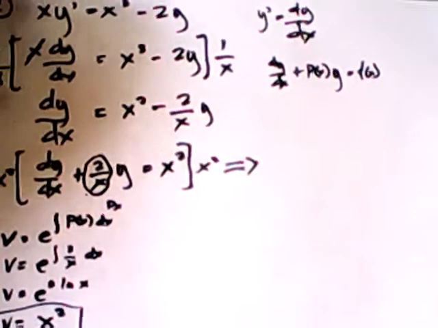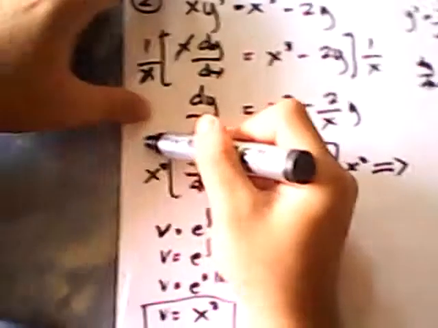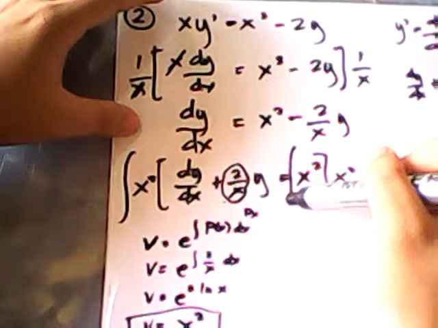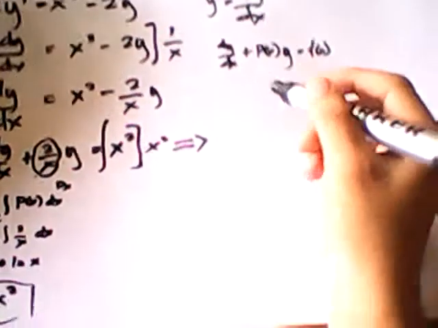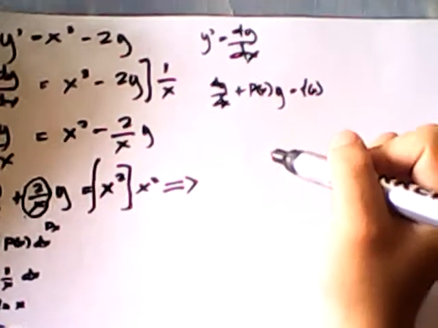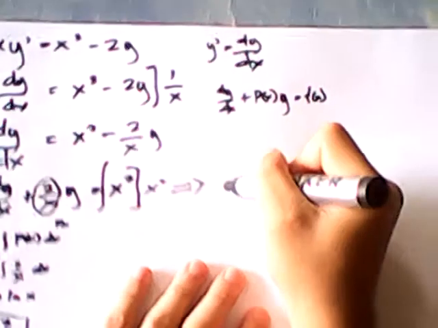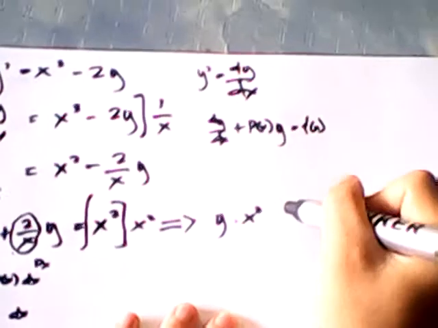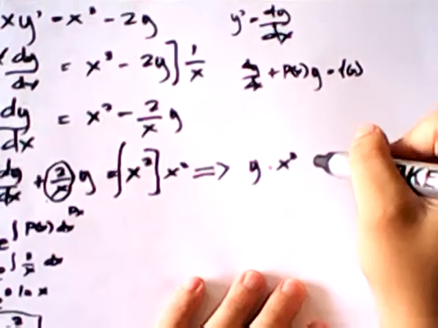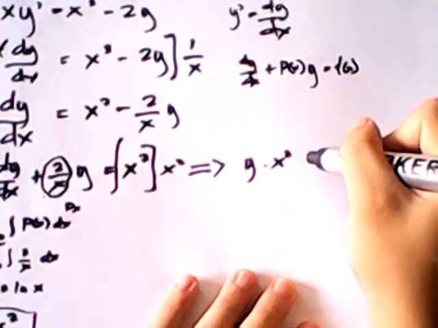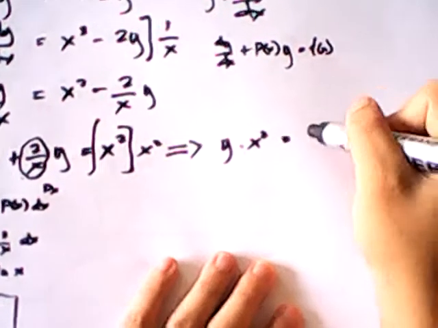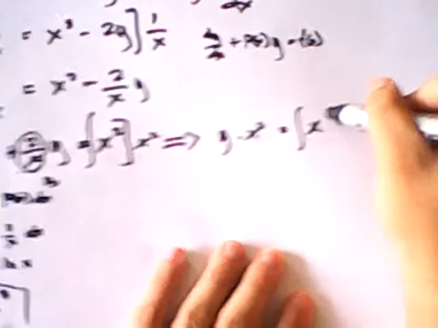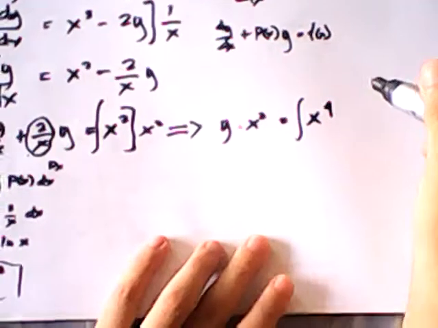By multiplying this, we have to integrate both sides also. So we will get y times x squared is equal to the integration of x to the 4.